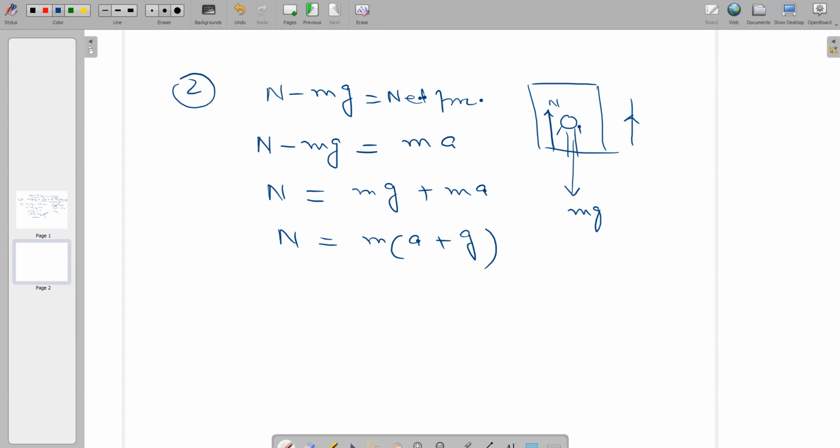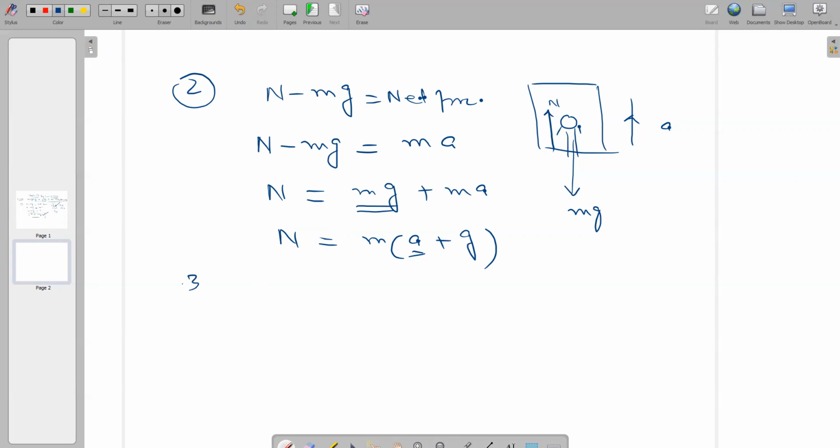So it means the weight is increasing. The acceleration with which this elevator is moving up is adding to g. When any factor is adding to mg, it means the weight is increasing. So remember, here the weight is increasing.